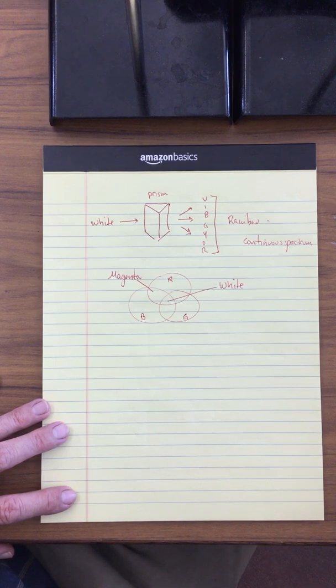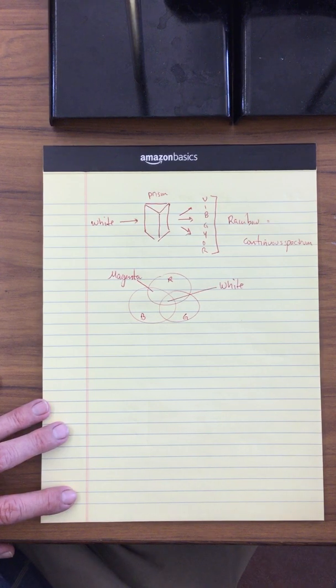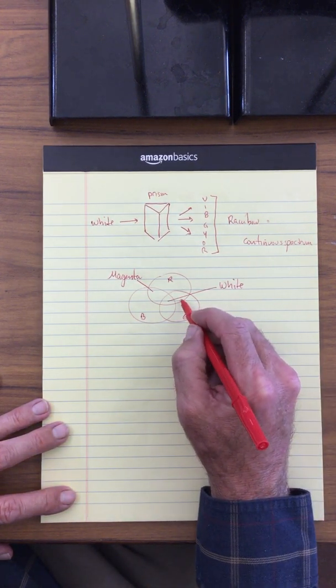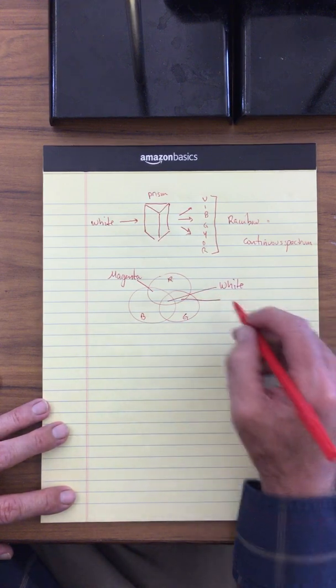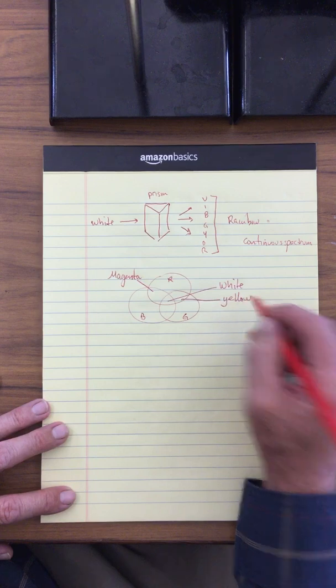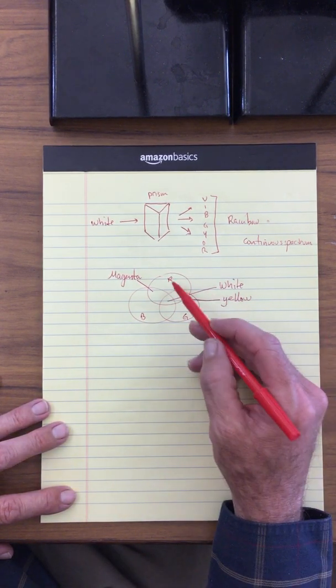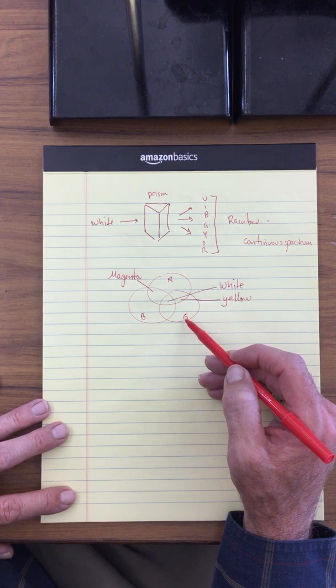Well, why is that? What's going to happen if you mix red and green? I prepared a video for this, and you can watch it after this. When you mix red and green together, it's going to make, surprisingly, yellow. So red and green will make yellow.